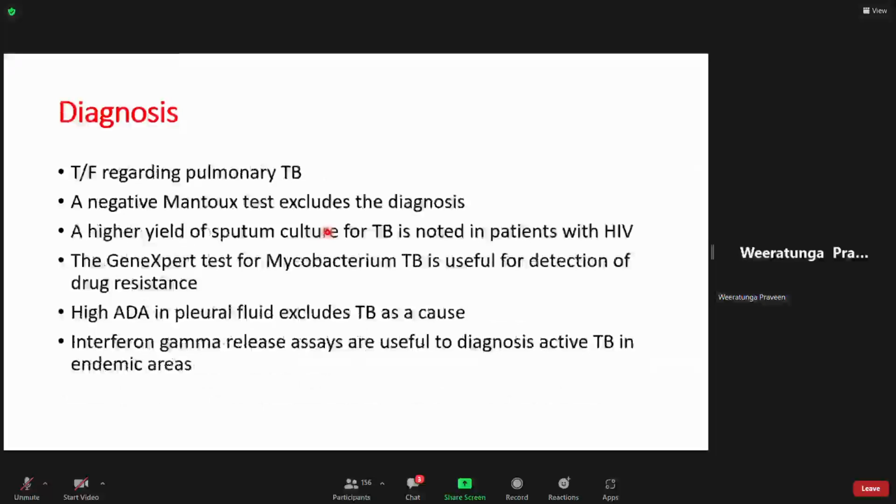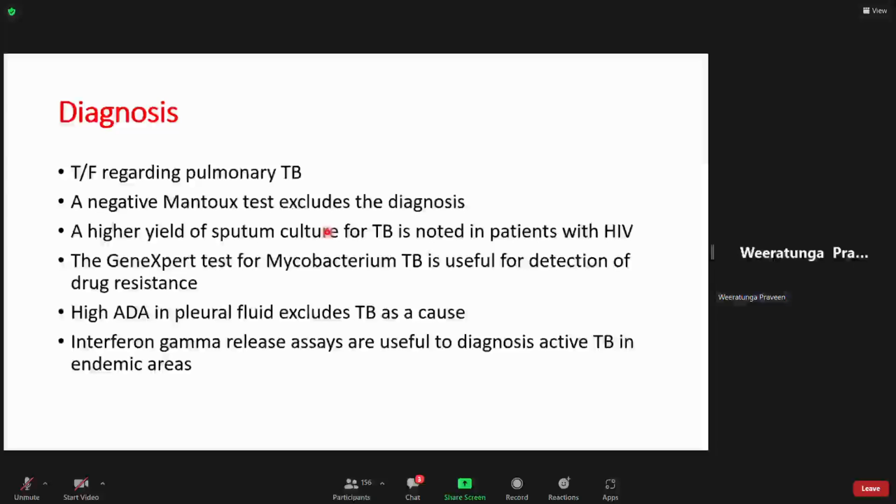Negative Mantoux test excludes the diagnosis. Now, the Mantoux test is not a test for active TB. Remember that. When you have built up immunity against TB, the Mantoux test just tests immunity against TB.